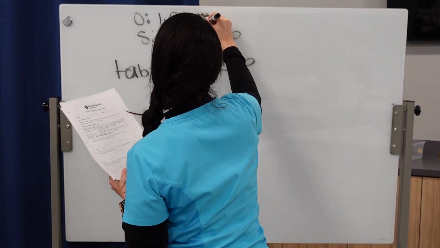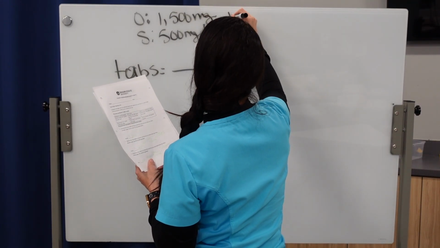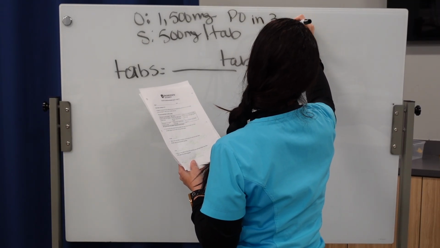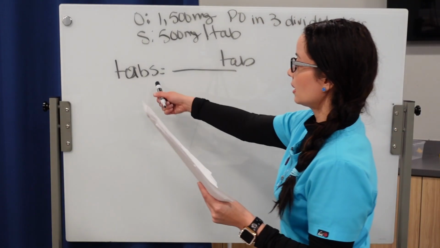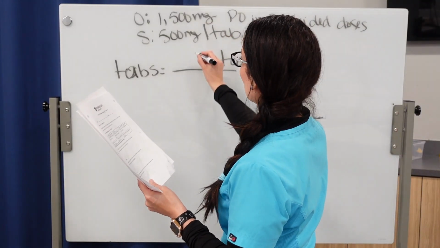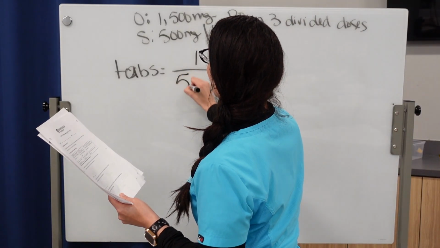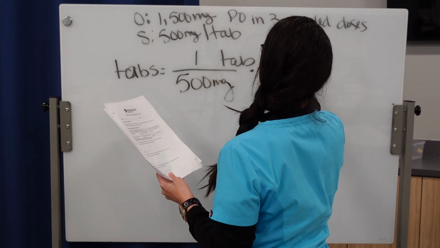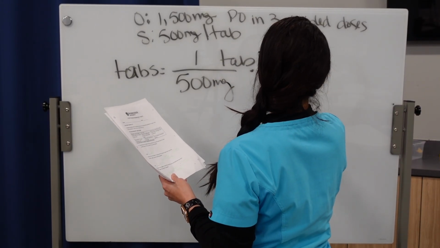1,500 milligrams orally in 3 divided doses. Tabs here on the left, one tab has 500 milligrams, times the order is 1,500 per day though.